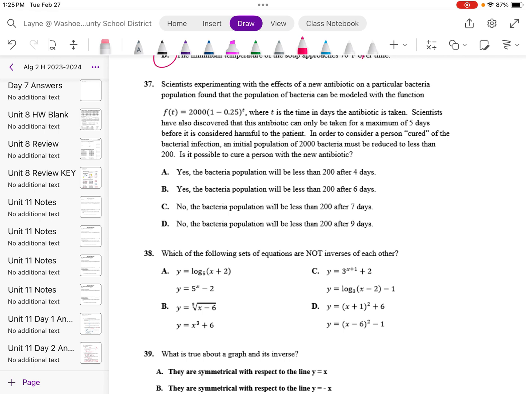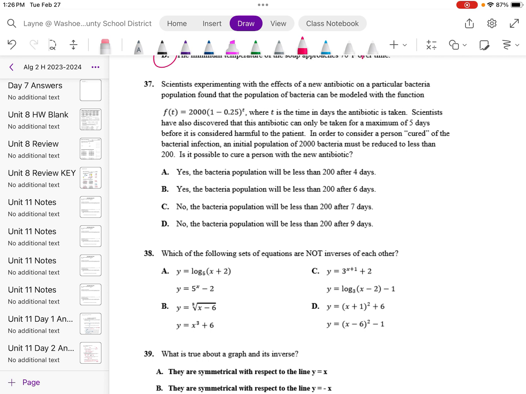Scientists experimenting with the effects of a new antibiotic on a particular bacteria population found that the population of bacteria can be modeled by that function, where T is the time in days the antibiotic is taken. Scientists have also discovered that this antibiotic can only be taken for a maximum of 5 days before it is considered harmful to the patient.